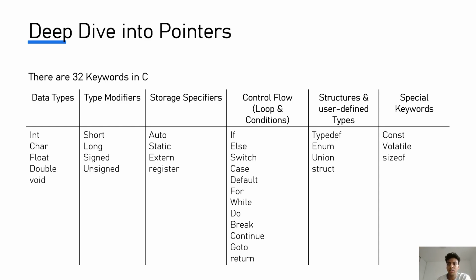Then structures: to define our own type, we can use struct and typedef to make our code more readable. Union and enum are used to create unions and, of course, enums. We also have special keywords like const, volatile, and sizeof. In this project, I think we will use sizeof to specify the memory to allocate.